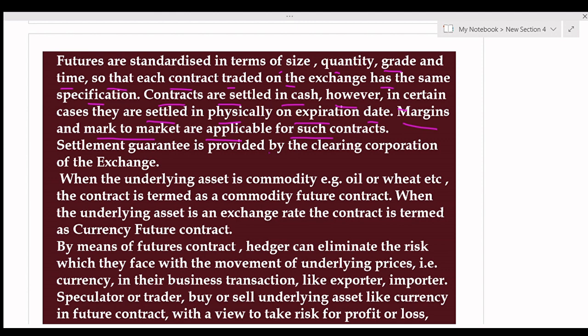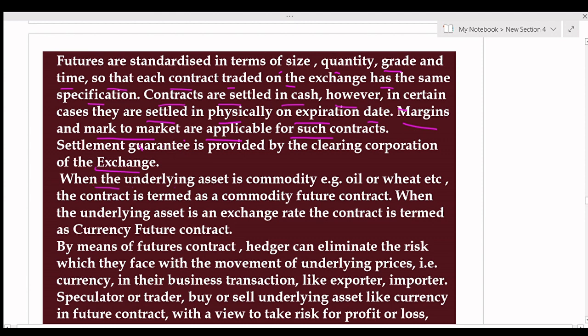The loser has to pay the amount to the gainer through the mark to market account. These margins and mark to market are applicable to all future contracts. Settlement guarantee is provided by the clearing corporation of the exchange.